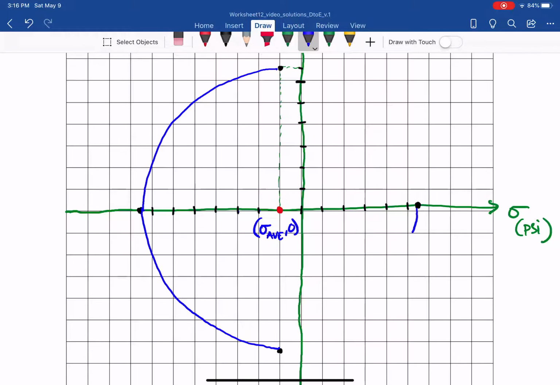Or if you use OneNote, you can use handwriting to draw the circle, and it automatically transfers to a perfect circle in OneNote. It does not look good on this side.